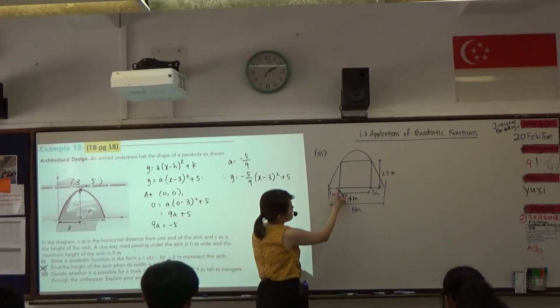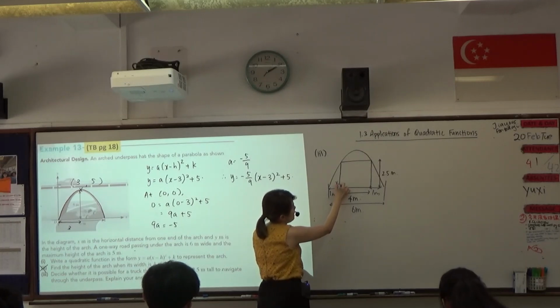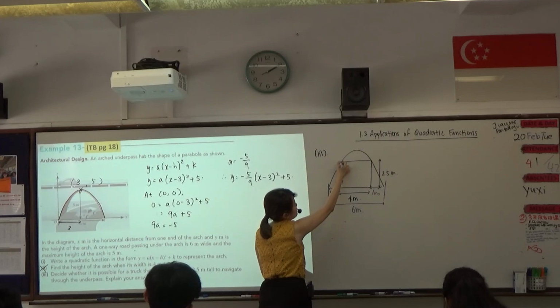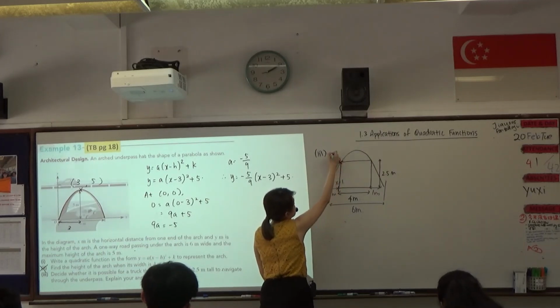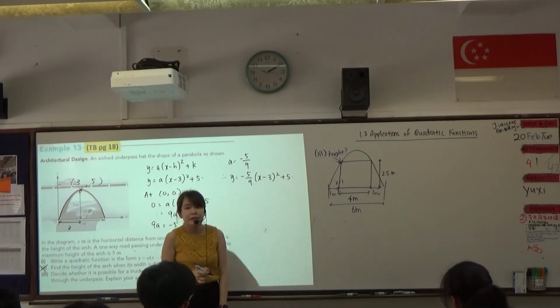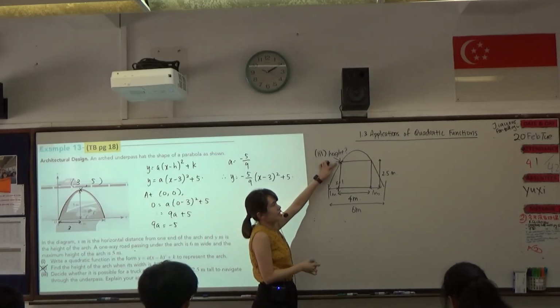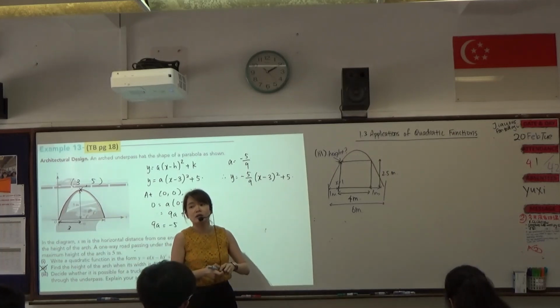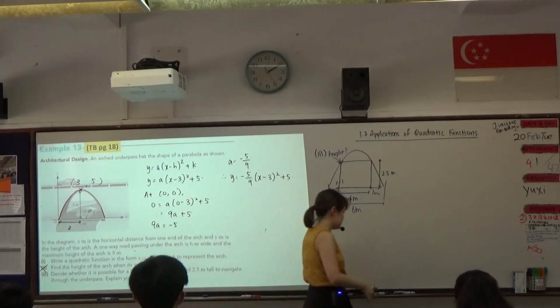So we can find out when x equals 1, what is the height over here? If the height over here is lower than 2.5 meters, can the truck go through? Cannot. So that is your justifier.